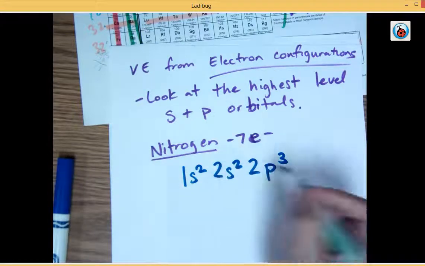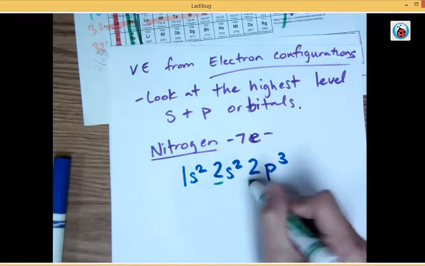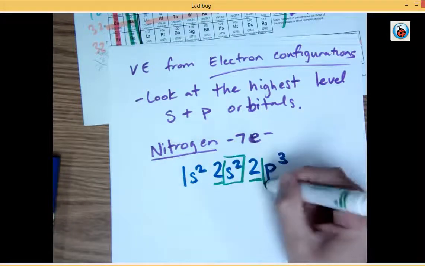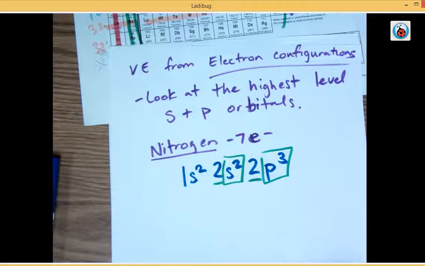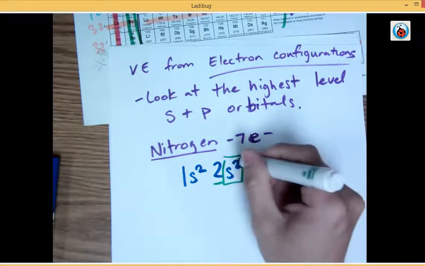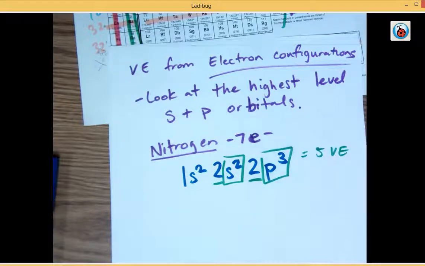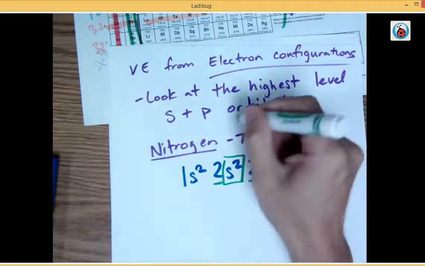Its highest energy level is 2. Look at only the S and the P, and then add those electrons together. You have 2 electrons plus 3 electrons. That's 5 valence electrons. So to get the valence electrons from electron configurations, look at the highest level and add the S and P electrons together.